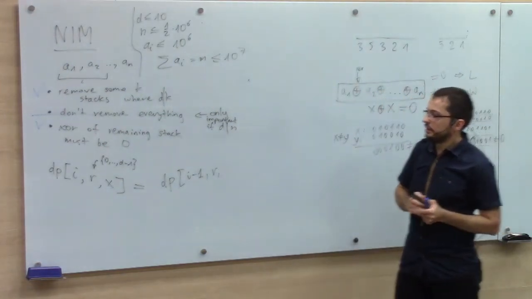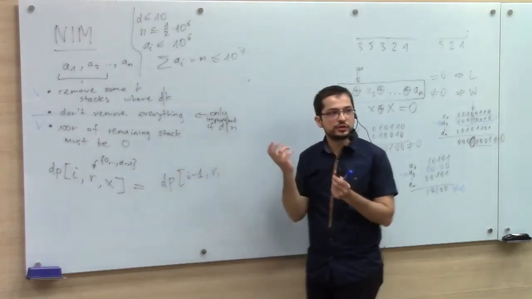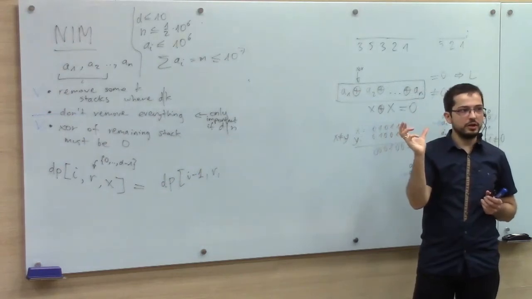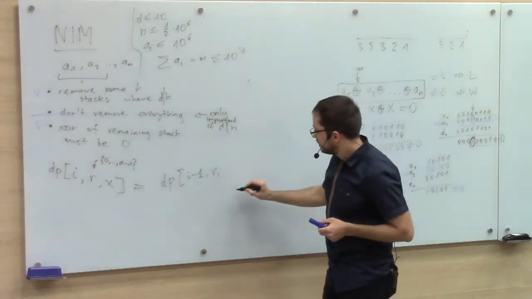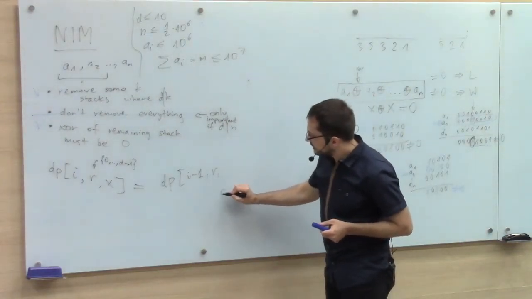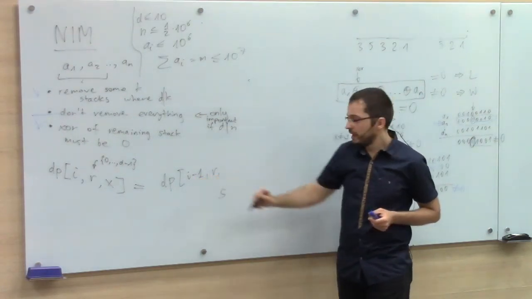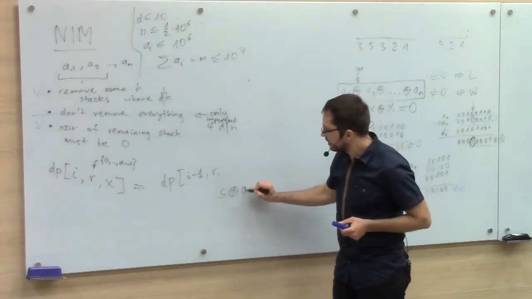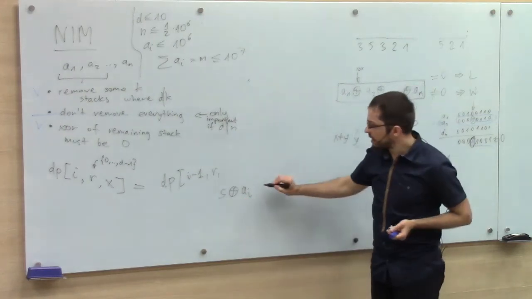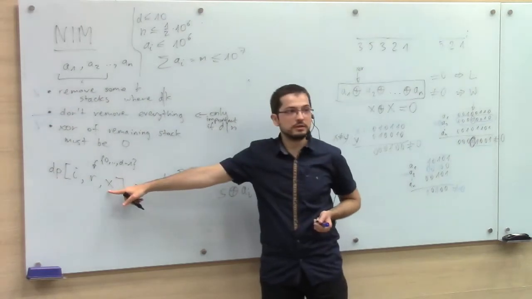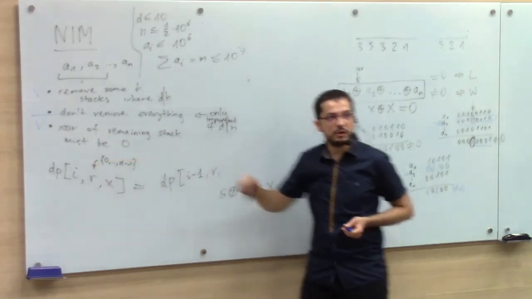But we didn't remove stack number I, so the XOR of the stacks which remain will be different. Let's say that S is the XOR of the stacks from 1 to I minus 1, and then we are adding stack number I, which we don't remove. This number must be equal to X, because this is the XOR of all the not removed stacks from 1 to I.